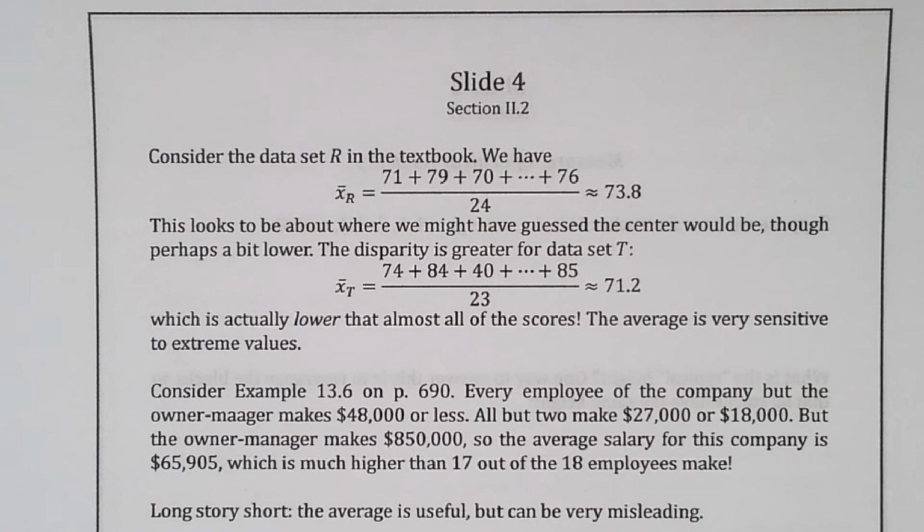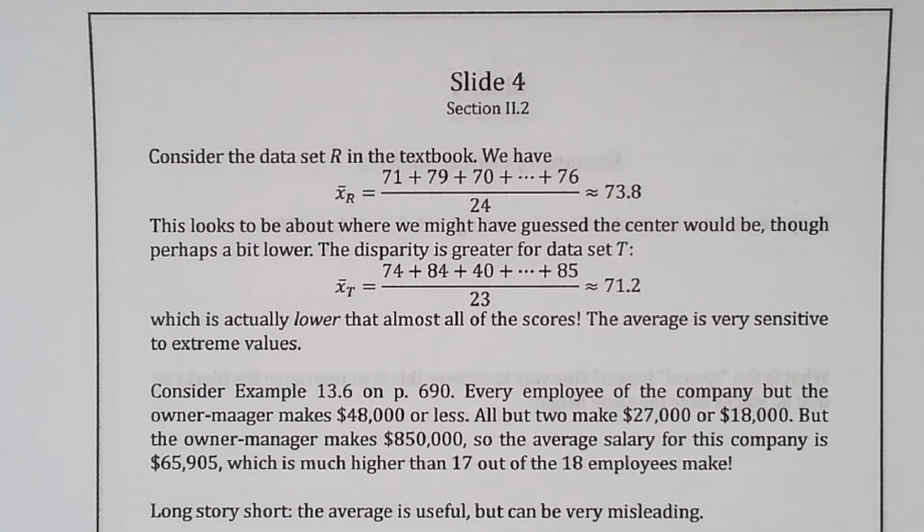But if you compute the average salary for this company, you're going to get 65,905. Okay, so that's almost $20,000 more than what 17 out of the 18 people make. So that is way more than what the vast majority of the company makes.